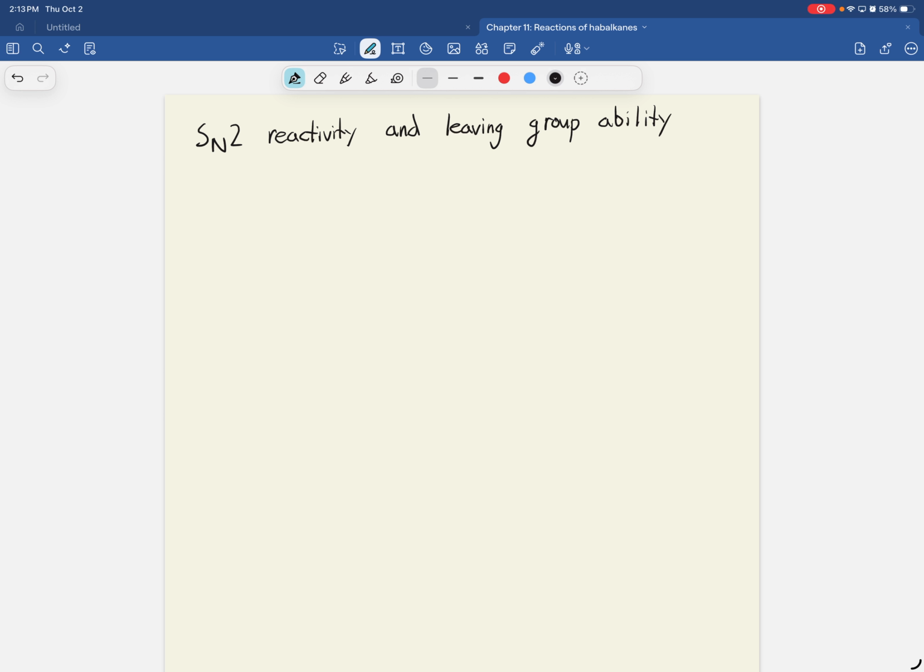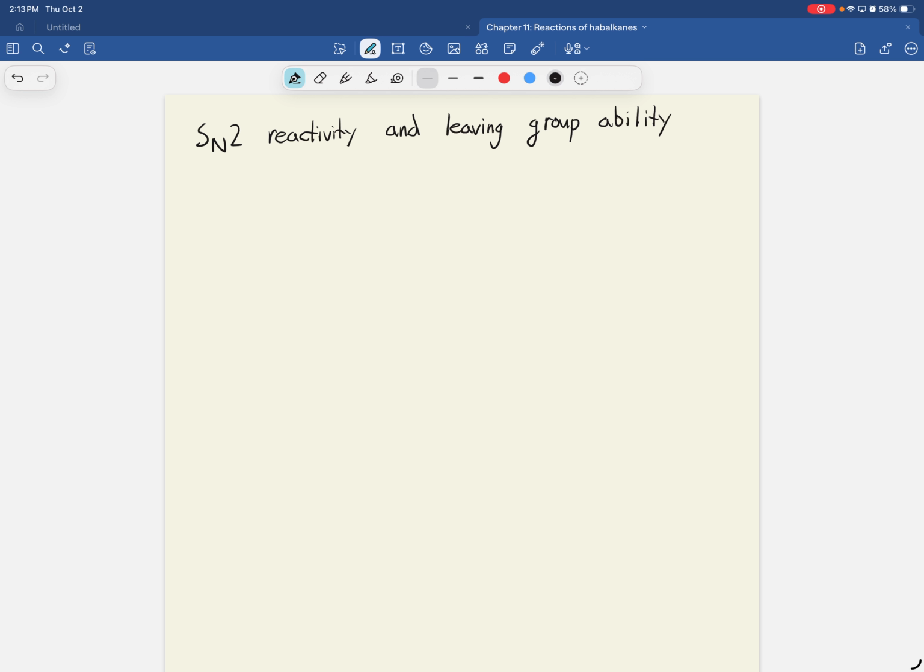Okay, so we're going to talk about reactivity, and a big part of this chapter won't be a focus on this exam in much detail, but further down the line, we'll have to say, is this a good SN2 reaction? Is this an SN1 reaction? What type of reaction is it? So we'll have to be able to do that. All right, so let's talk about reactivity and leaving group ability.